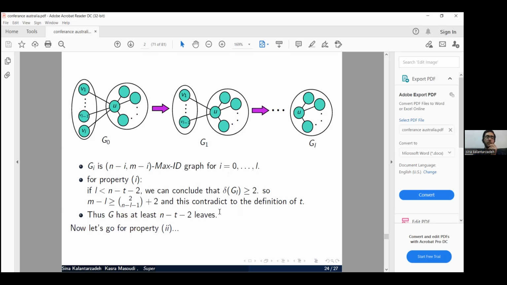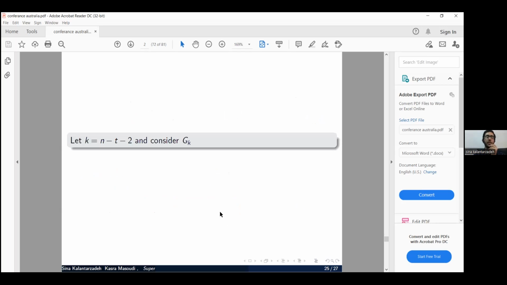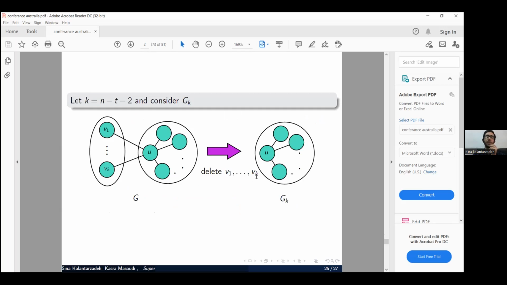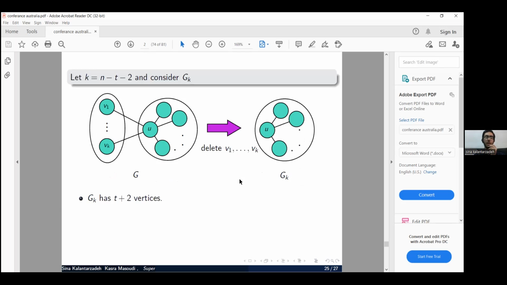For the second property, we let k equal n minus t minus 2, and we consider one of those graphs, I mean Gk, which you can see is obtained from G after deleting vertices V1 to Vk. You can see that Gk has t plus 2 vertices, and it is also a max-ID graph.